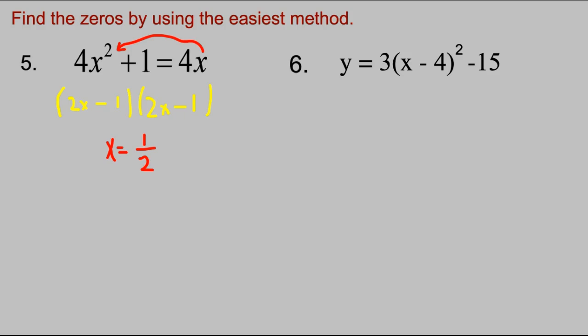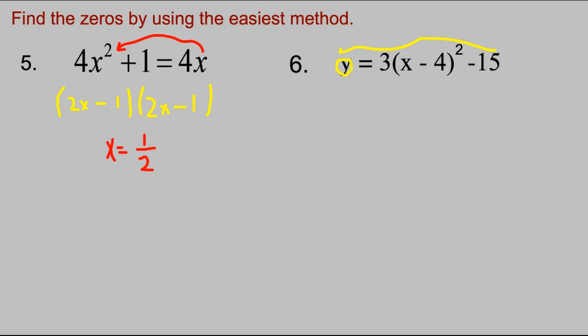This last one I threw in here extra because it is in vertex form, and when you're finding roots in vertex form, it's probably easiest to use the square root both sides, because it's already kind of set up like complete the square. So for this one, you want to add the 15 over to the other side, because we're going to find the zeros, so we're going to put 0 in for y.